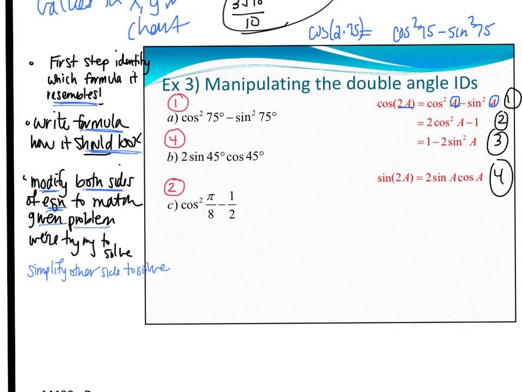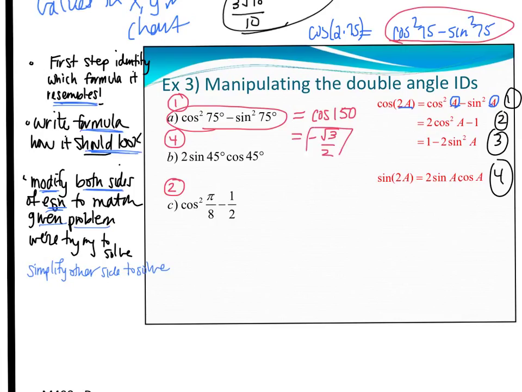Now when I look at this right-hand side, this is a match to my given problem. The way that the formula is, without any modifications, is a direct match. So what does that mean? Well, that means that this expression is equal to cosine of 150. And I know what cosine of 150 is. Cosine of 150 is equal to negative root 3 over 2. So what that tells me is that this big long expression is also equal to negative root 3 over 2.